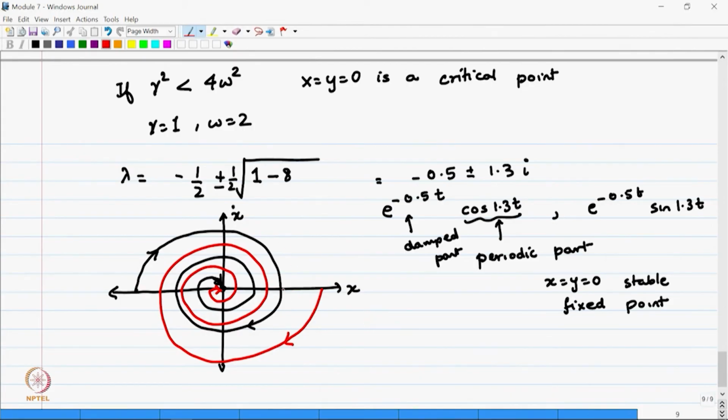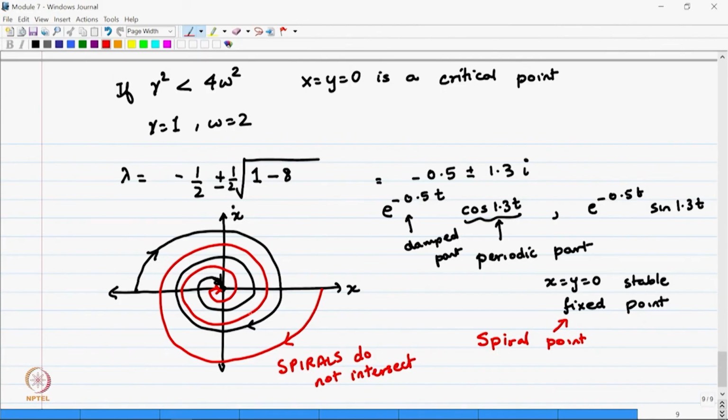So, this point is called a spiral point, because each trajectory will spiral. Based on where you start off, you will end up with one of these spirals, and notice that spirals do not intersect. No trajectories can cross, because the solution is unique. So, you will always go in a particular way.